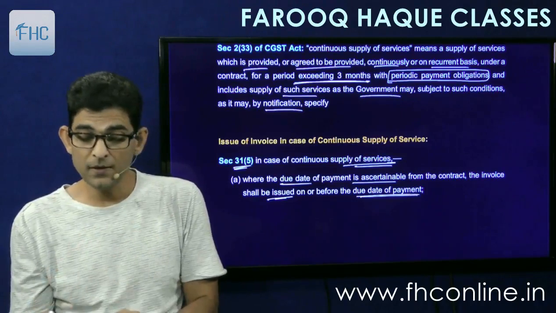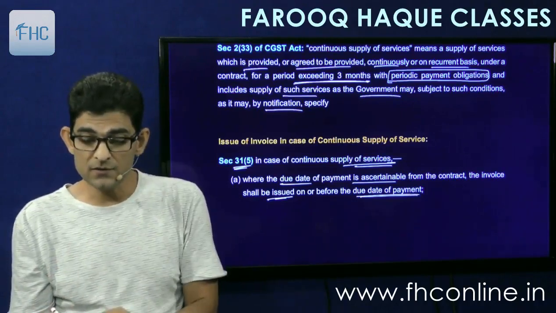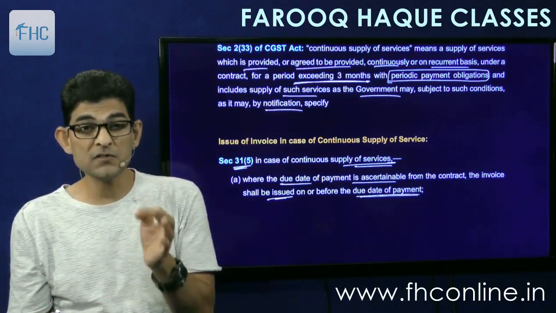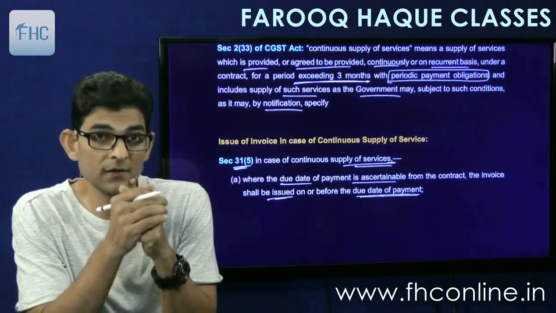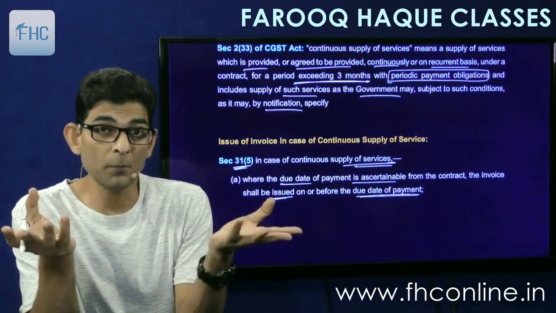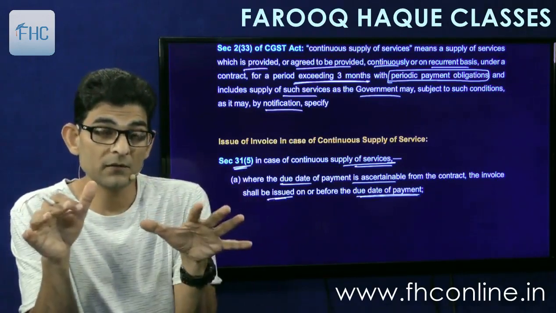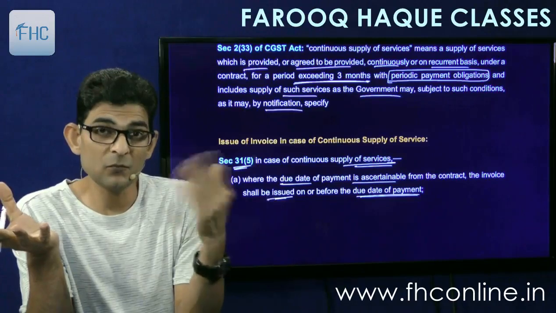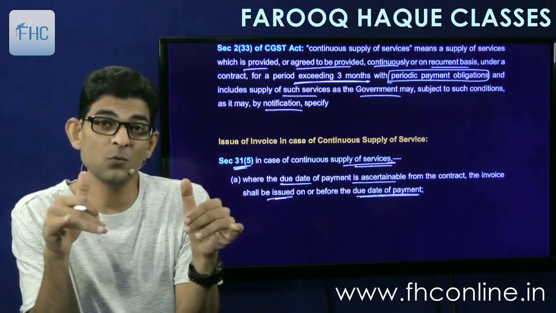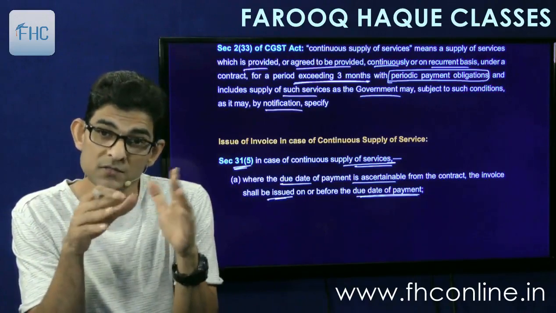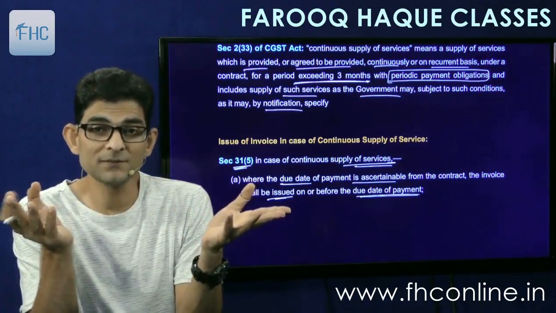Like for example, there's a long-term contract and it is given that you have to make payment on 7th of every month. Like in case of rental contract, rental of immovable property for commercial purpose. The rent is fixed. I have to pay rent to you on 7th of every month. So you will give me invoice on 7th of every month.